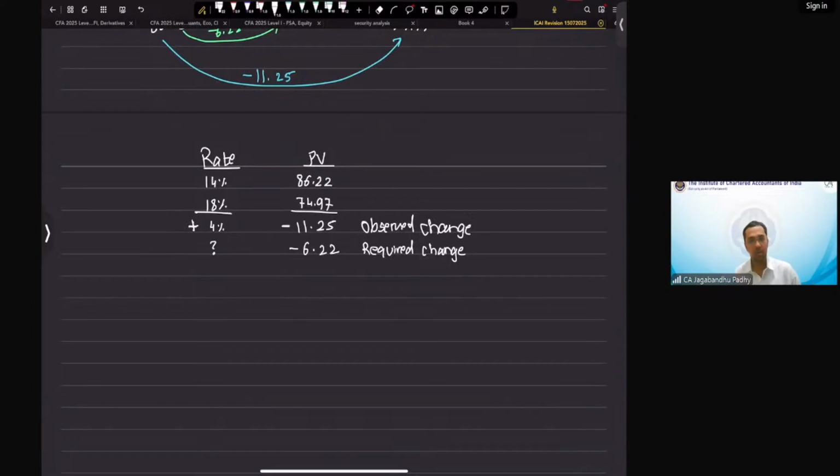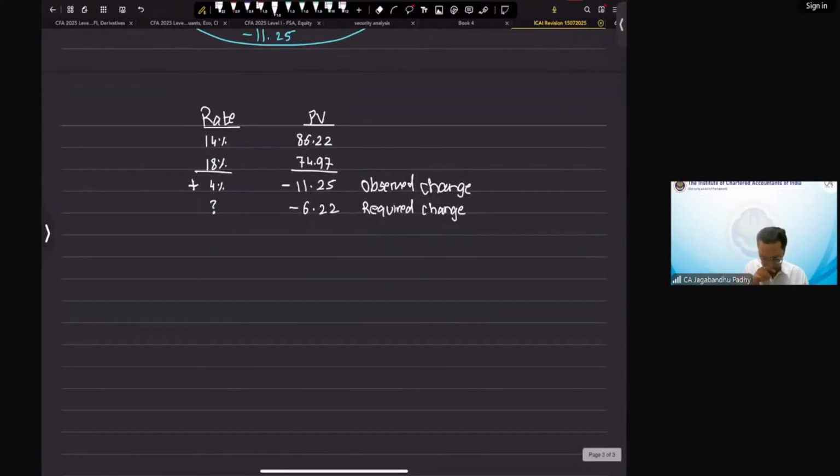And then we want the value of the rate. So we'll talk of the required change in the rate. The required change in the rate is obtained by simple cross multiplication.